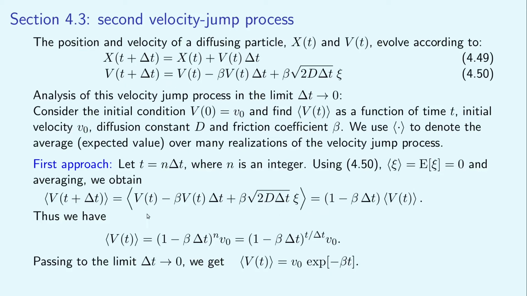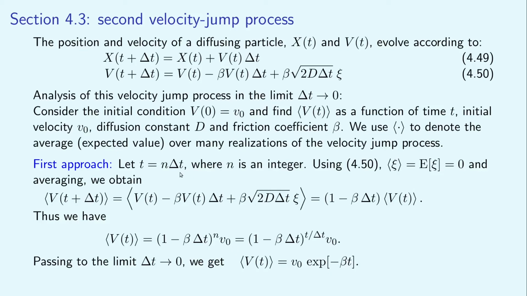Since xi is the normally distributed random variable with zero mean, we obtain that the average right-hand side is just a constant multiple of the average of the velocity v at time t. Therefore, the average velocity v at time t is this constant, (1 minus beta delta t) to the power n, multiplied by the initial condition v0.